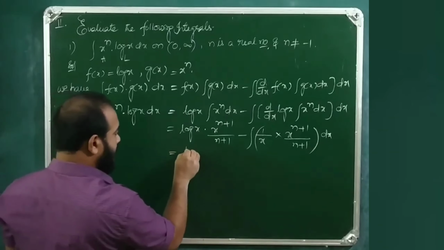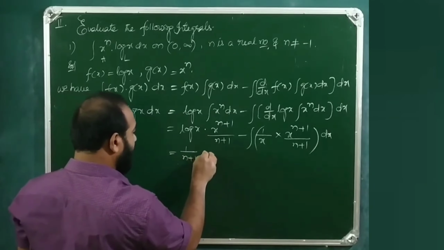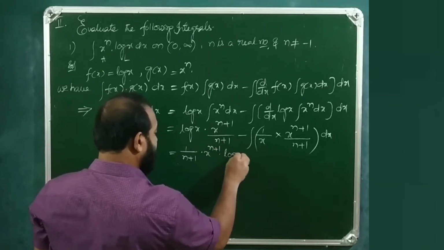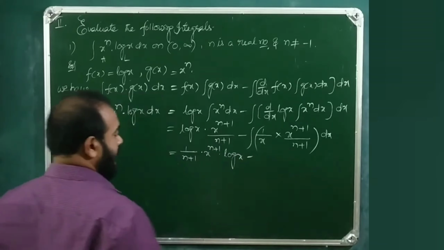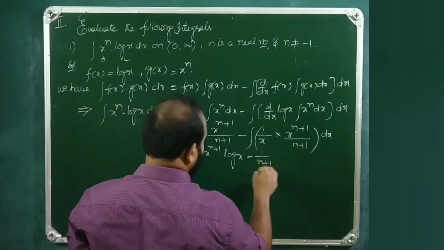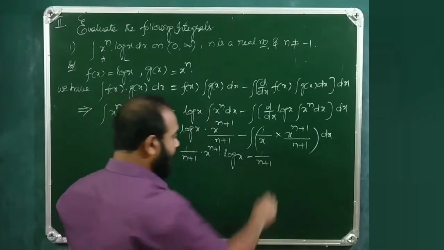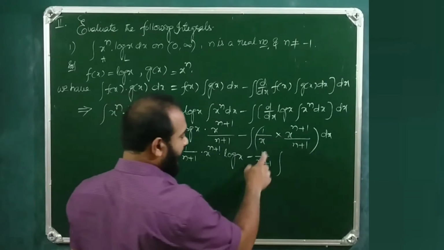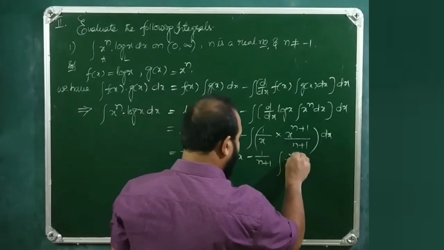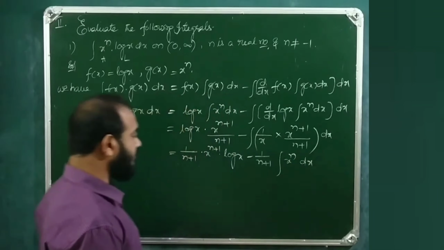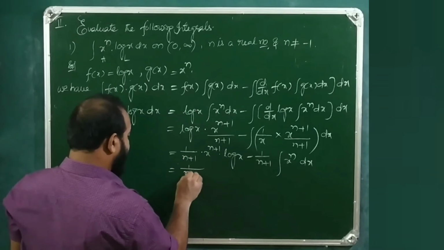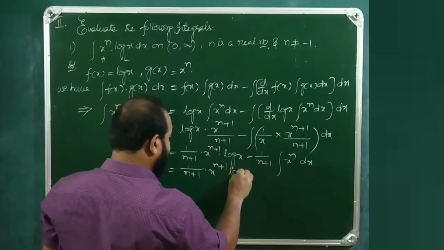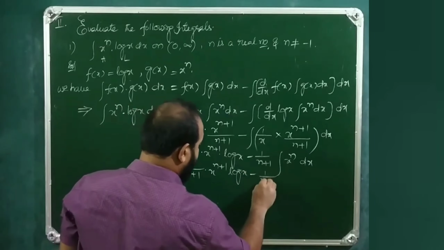So this is 1 by n plus 1 into x^(n+1) into log x minus 1 by n plus 1, separating this from the process of integration, the integral of x^(n+1) by x. So this is x^(n+1) minus 1. Therefore this is x^n dx. So 1 by n plus 1 into x^(n+1) log x minus 1 by n plus 1.